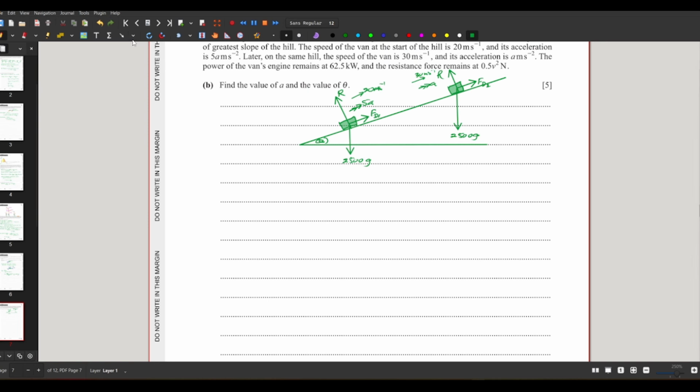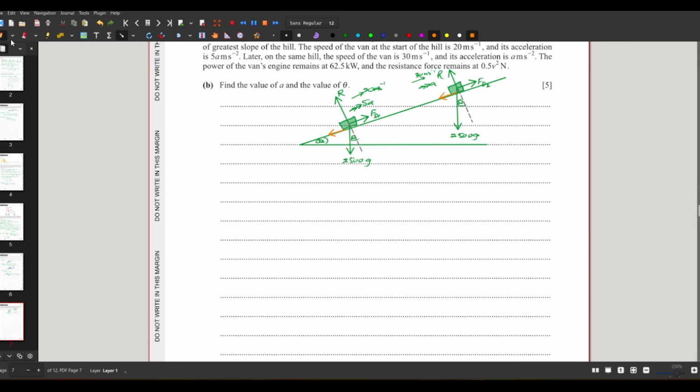And what else do we have here? Okay, so we have this component. This angle is also theta. And what else? Also we have the friction forces. So we have the friction force downward.